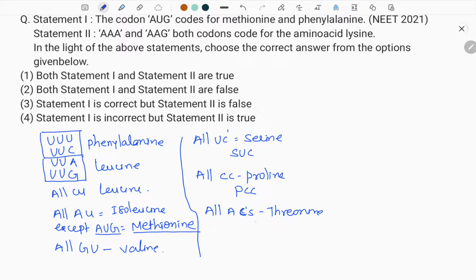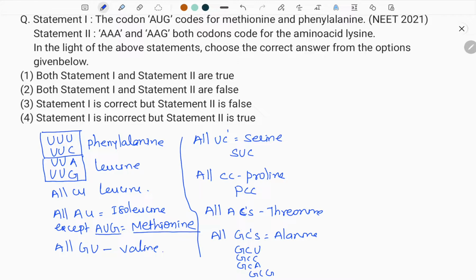All ACs will code for threonine. Then all GCs will code for alanine. All GCs means here GCU, GCC, GCA, GCG, all of them code for alanine.